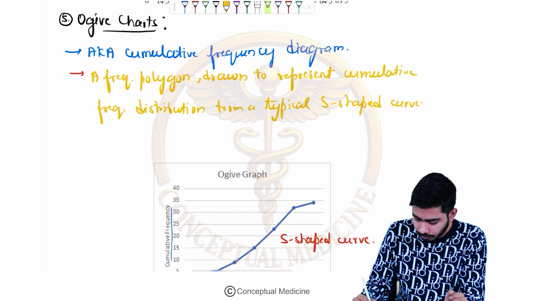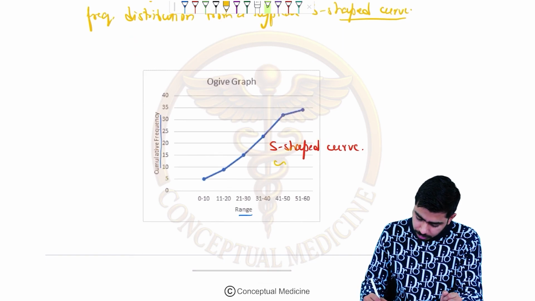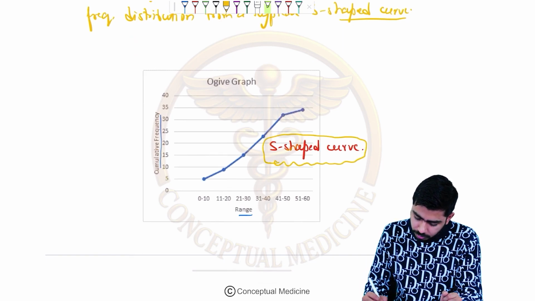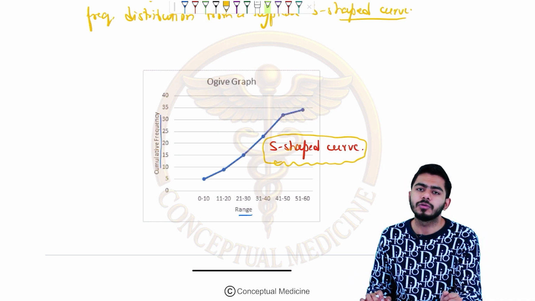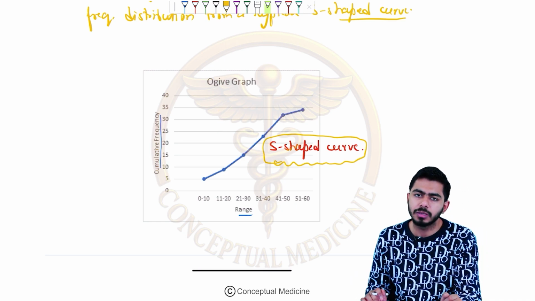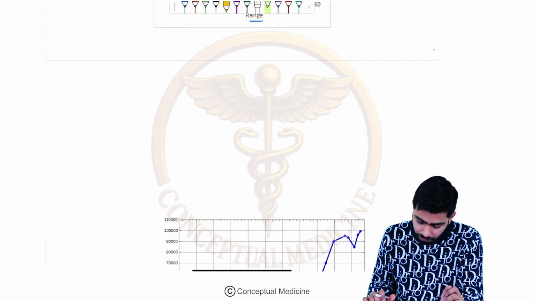Understood? So over here we understood that this is the S-shaped curve, right? Remember, the S-shaped curve will be seen like that. This is the Ogive graph or Ogive curve, representing the data between the cumulative frequency and some other variable.